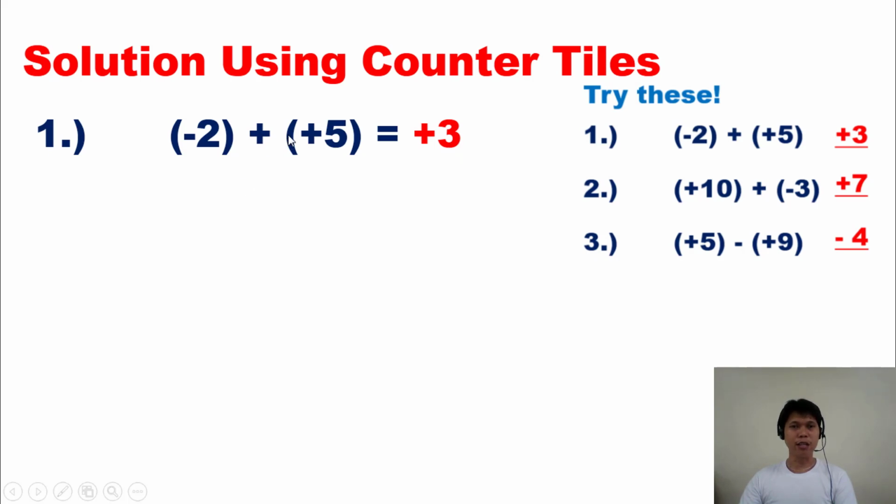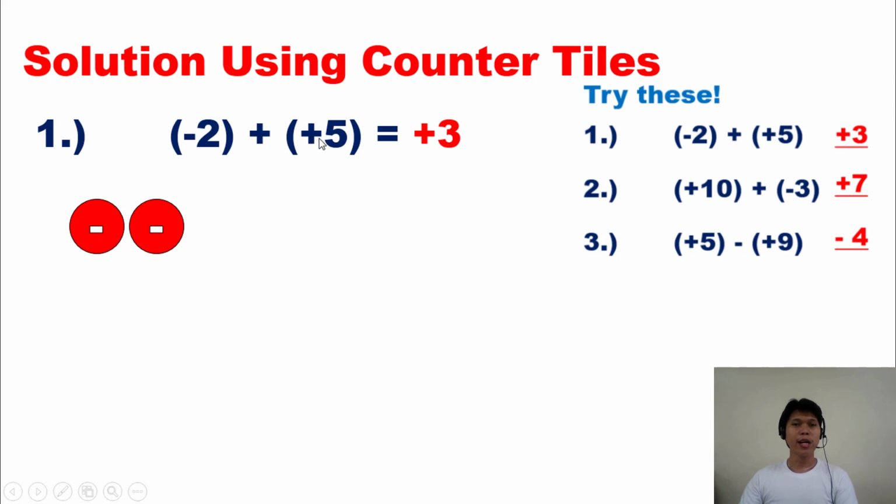So we are going to use the counter tiles. First, we write negative 2. This is negative 1 and this is negative 1. So there are 2 negative tiles representing negative 2.